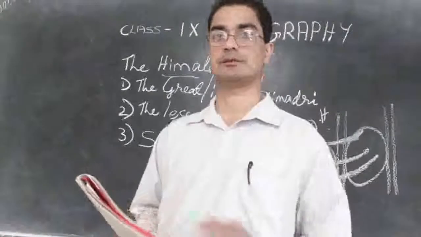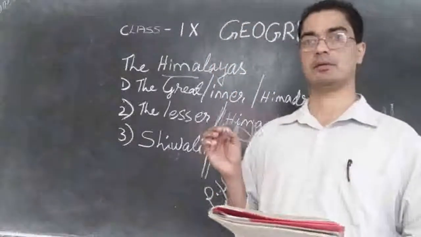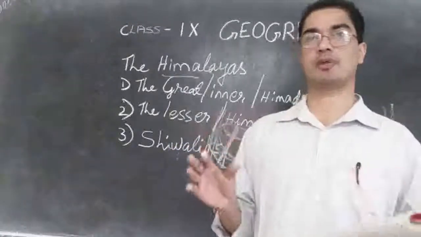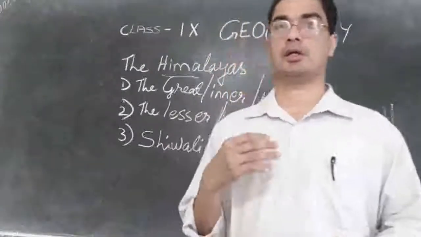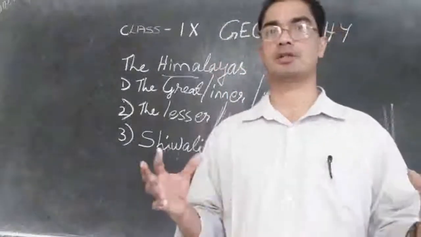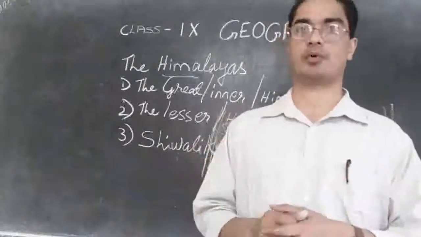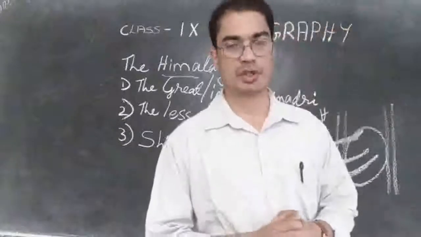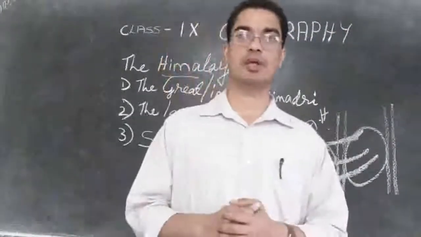So the hills that are found in these northeastern states are part of the Himalayas, and most of these mountains are composed of sandstones. So they are composed not of very hard rock, but of sandstones. They can be broken, they can be powdered and used for different purposes and so on. So that is also a natural resource and people make use of it.